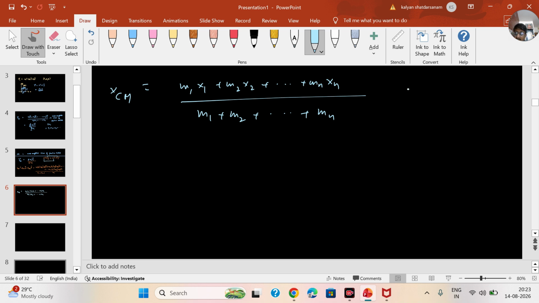Sometimes the total mass, sigma mi, which is m1 plus m2 and so on up to mn, is written as capital M for convenience.